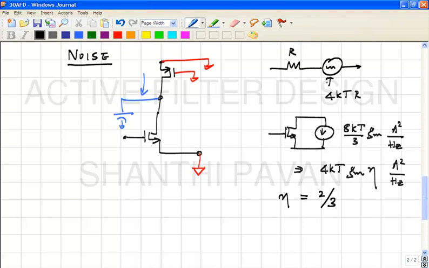So this noise current has a spectral density of 4 kT eta gmn. This noise current has a spectral density 4 kT eta gmp.